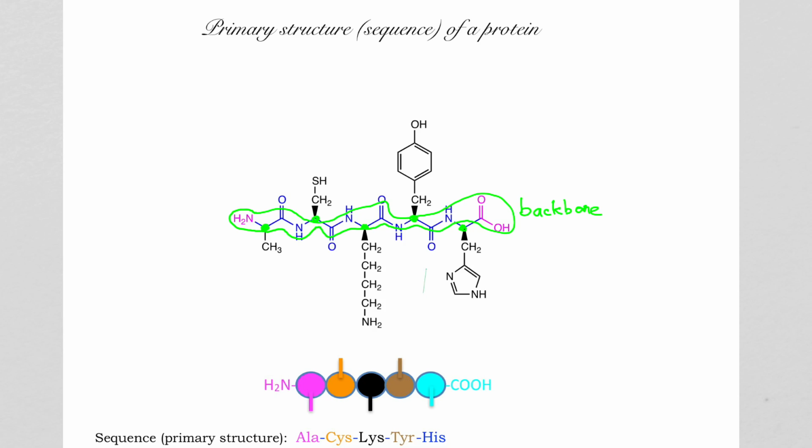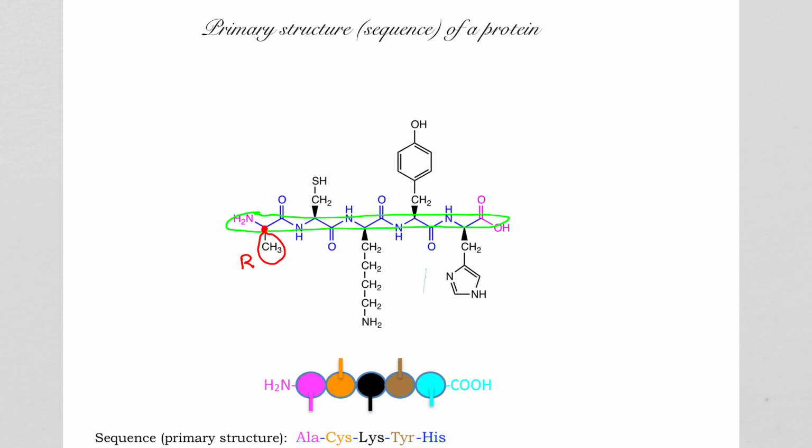Now attached to the backbone are the R groups. The R groups are attached to all the alpha carbons. So here is an alpha carbon. Here is what we call the R group of the amino acid.